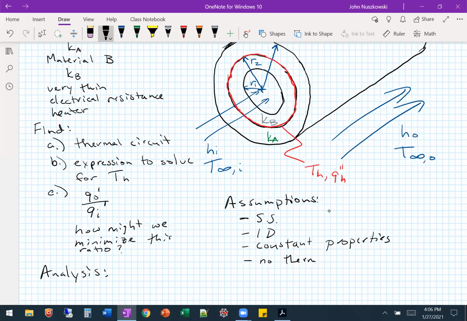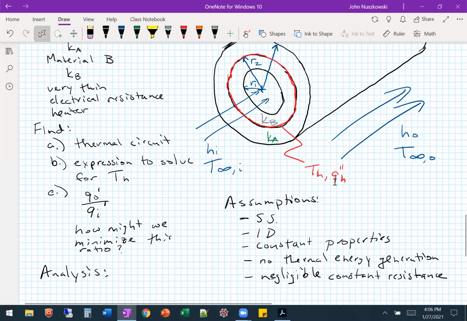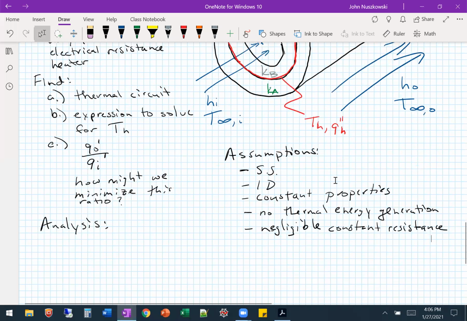That comes from the thickness, right? I'll talk about that in a second. So we have these four assumptions and then also negligible contact resistance.